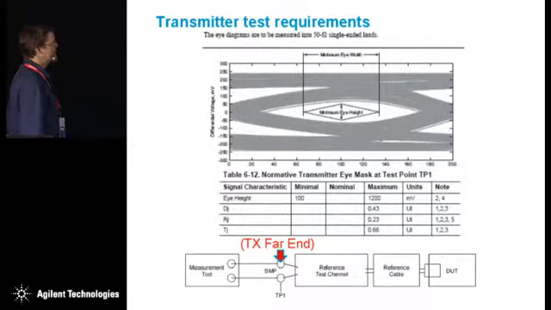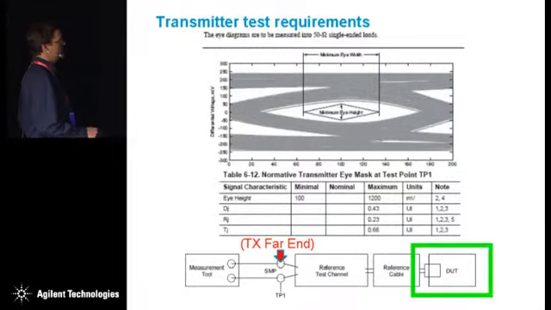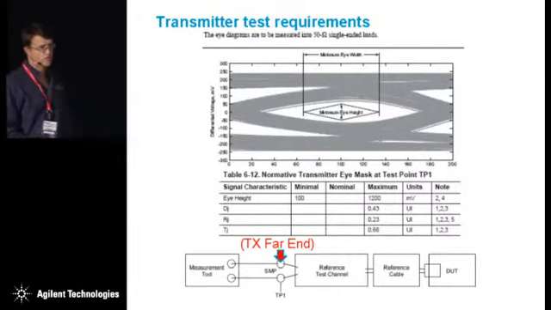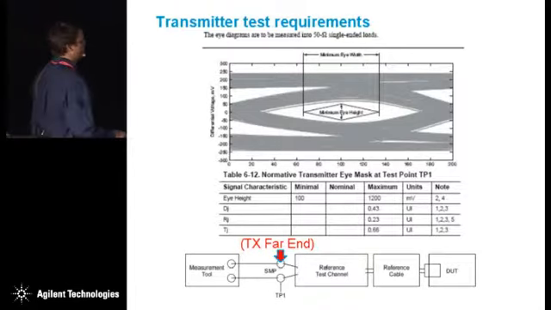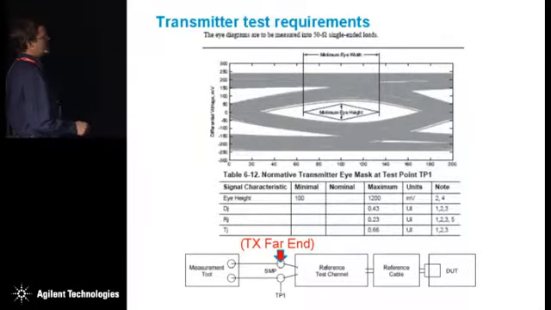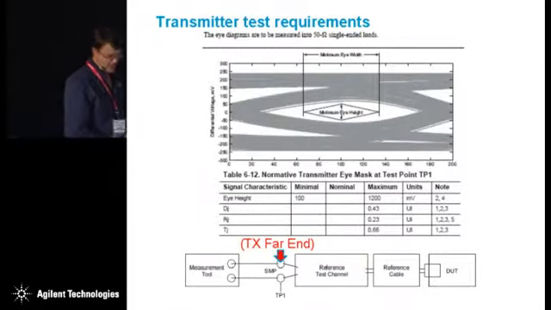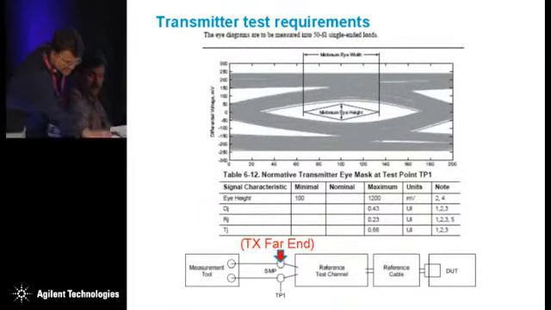So I said the transmitter is characterized and certified at the far end of the channel. So on the right hand of the screen, you have your device under test, and you connect it up to a scope or any 50 ohm passive load, and it is required to detect that low impedance path and go into compliance mode. So the initial investigation of what the measurement requirements would be used a physical channel, which I have an example of here.